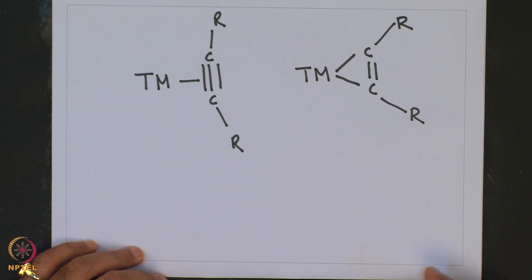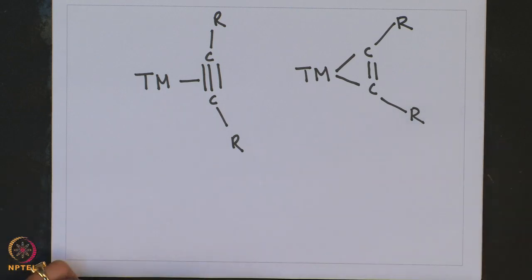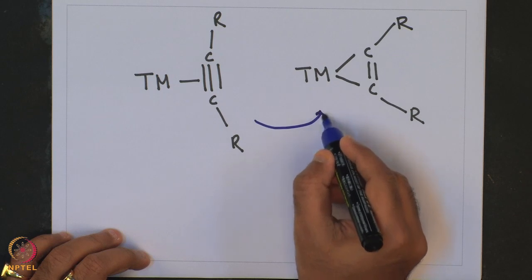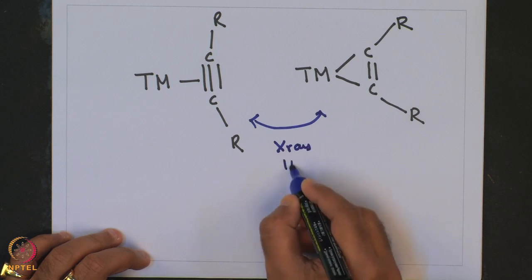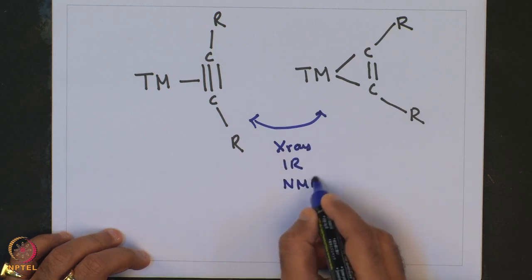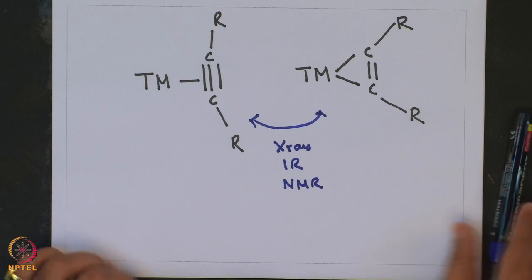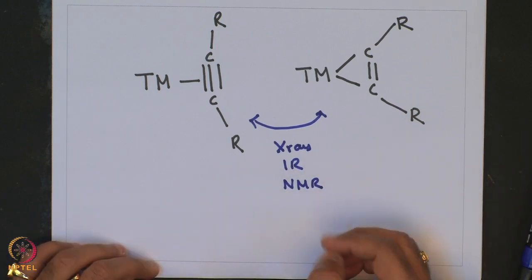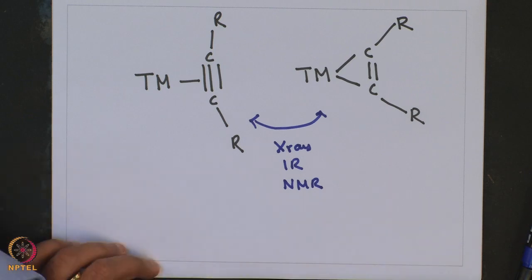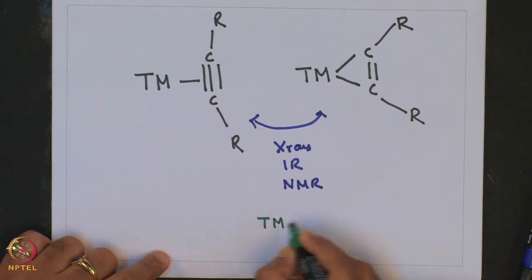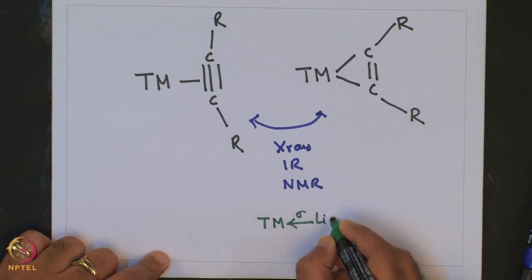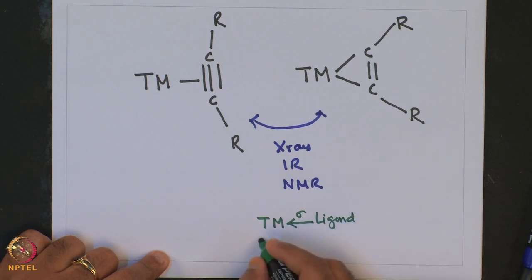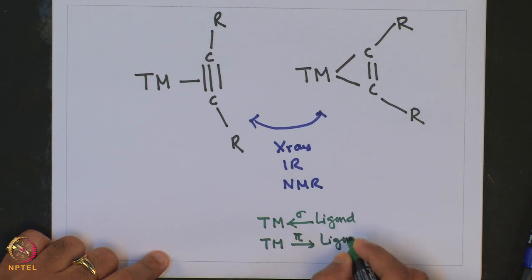type of complex. Now, these two structures can be distinguished by various characterization techniques like X-ray, IR, NMR, and so on, and once they are distinguished, they can be used to understand the ligand to transition metal sigma interaction as well as transition metal to ligand pi back donation.